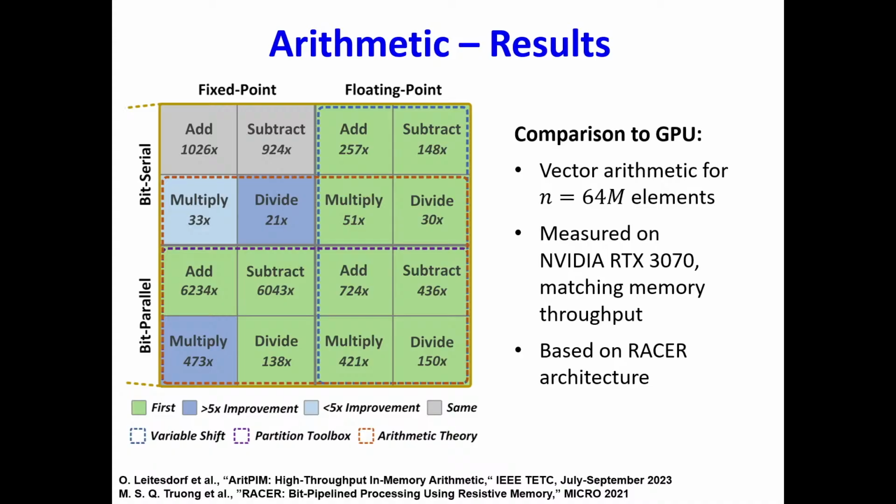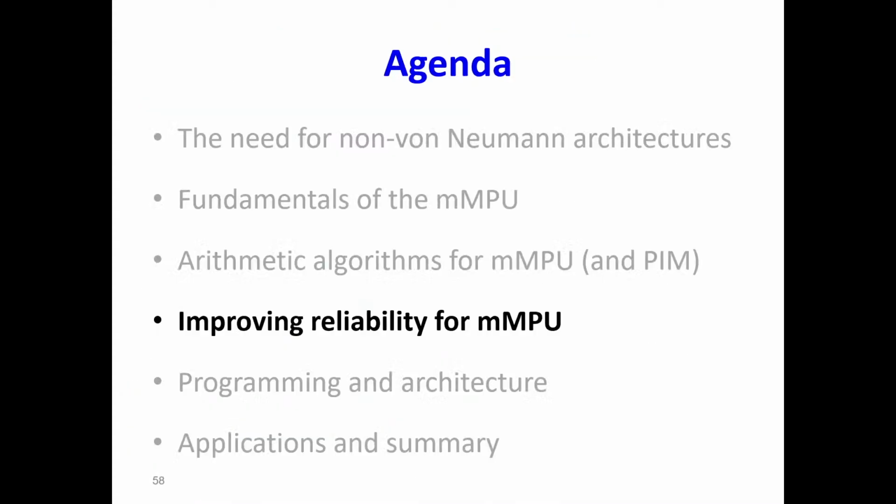So we took the same architecture that they built. And we compared the throughput to the GPU, and you can see that the improvement is enormous, right? For the best case where we have bit parallelism, we can get 150x for division, and it can go to 700 for addition. So the throughput here is amazing.